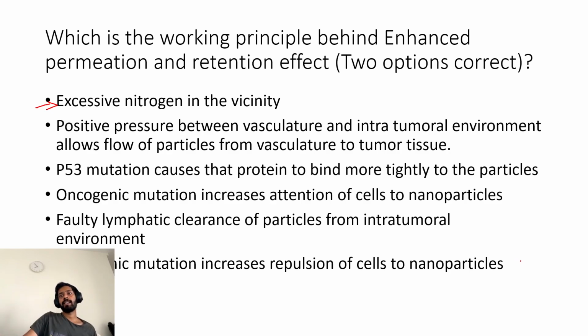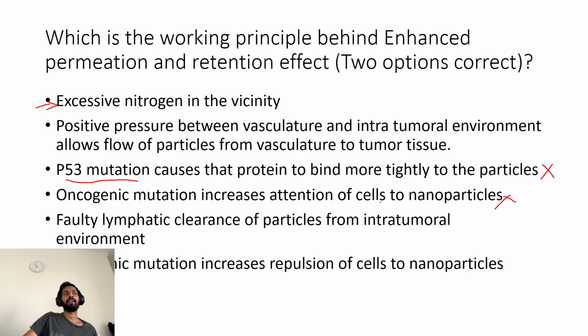So obviously, well, the entire process has something to do with mutations, but the enhanced permeation and retention effect directly does not get affected by specific mutations in the cancer cells, right? So P53 mutation has nothing to do with it. Oncogenic mutation increases attraction of cells to nanoparticles. This is not true.